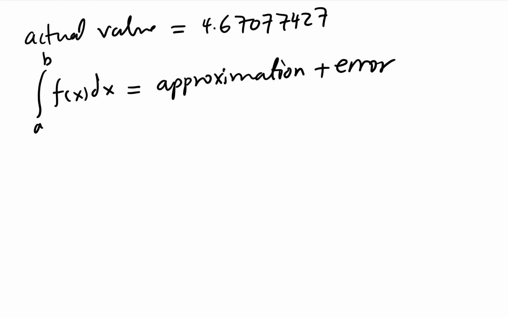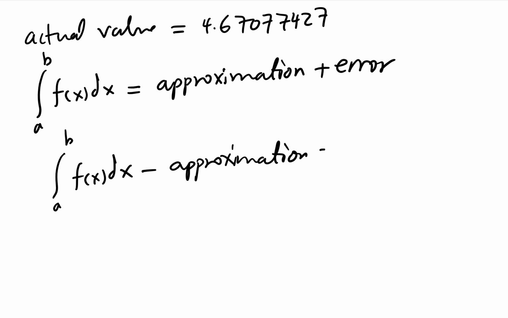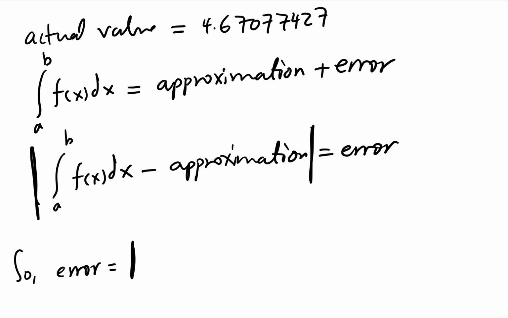Well, if you take the integral from a to b of f of x dx minus the approximated value that you found, that will give me the error. And since I want the error to be positive all the time, I'm going to take an absolute value. So in this case, I can say the error is always the absolute value of the actual value minus the estimated.